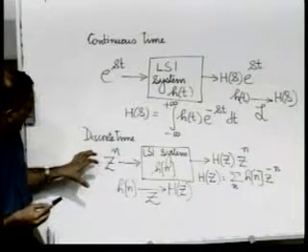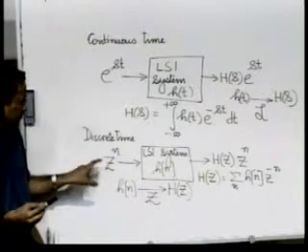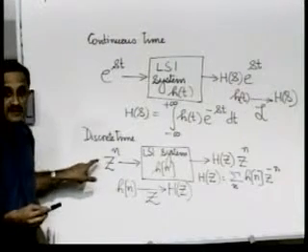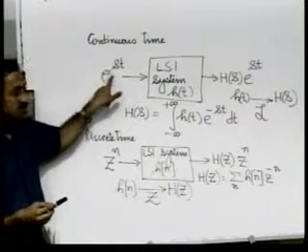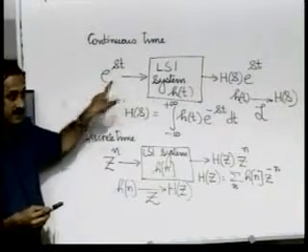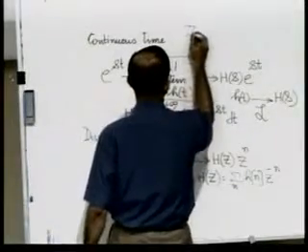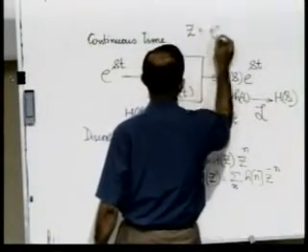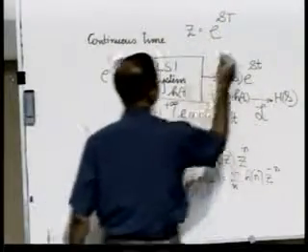Now, we also had a relationship between these in a certain sense. We said we could think of these eigenfunctions here as sampled versions of these eigenfunctions. So, we could think of z as e raised to the power sT, where T is the sampling interval.